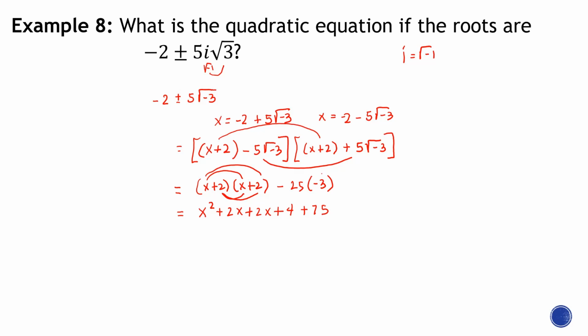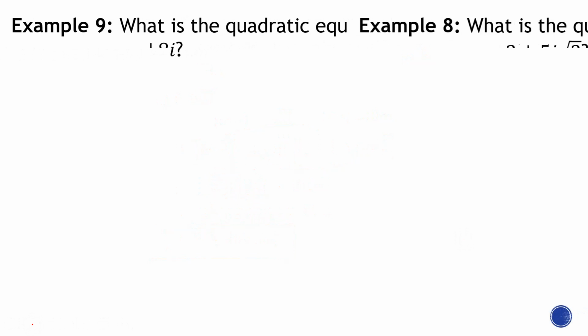It's plus 75 because we consider the 25 here as negative. I know it's minus 25, but we will consider that as negative. So negative 25 times negative 3 is positive 75. This gives us x squared plus 4x plus 79. There you go.